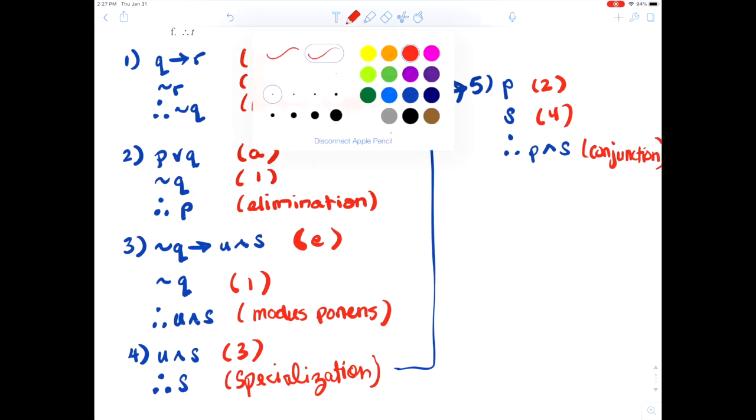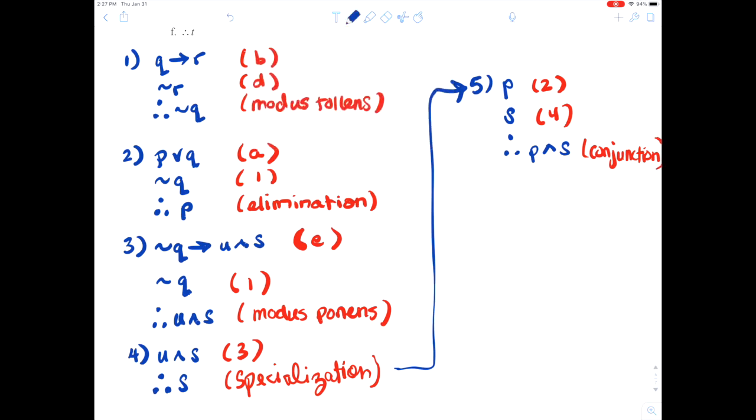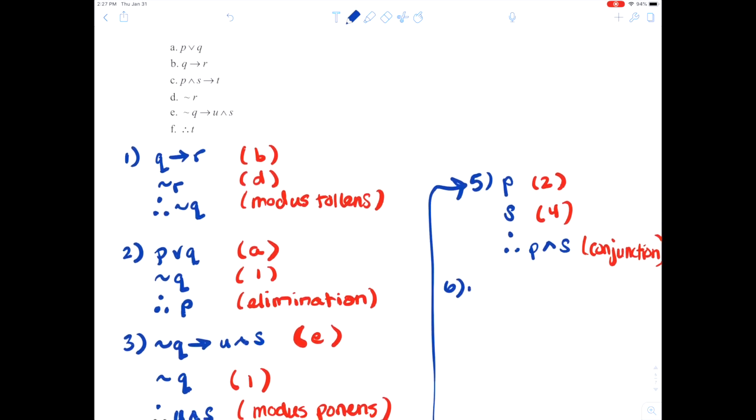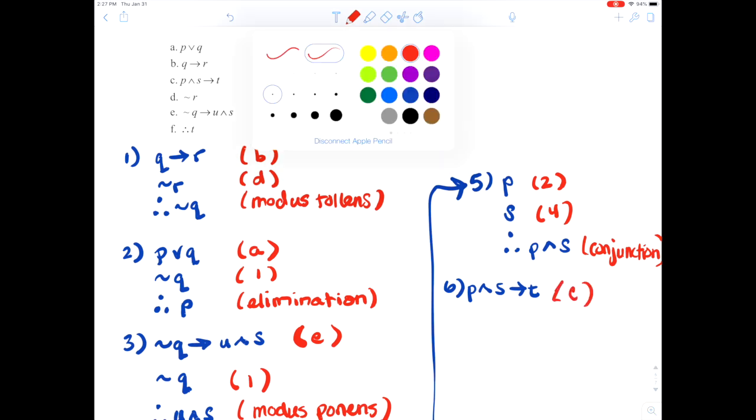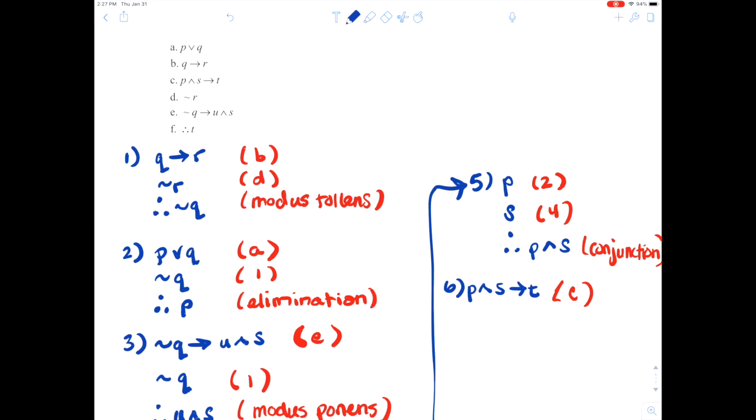All right, we're almost there. For number 6, we're finally going to go to premise C. So P and S implies T. Well, what should we do with this? What do you think? We've got one thing implying something else, right?